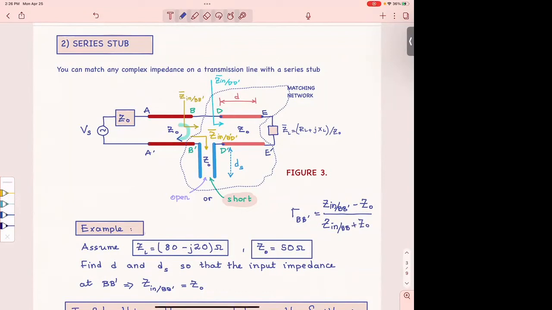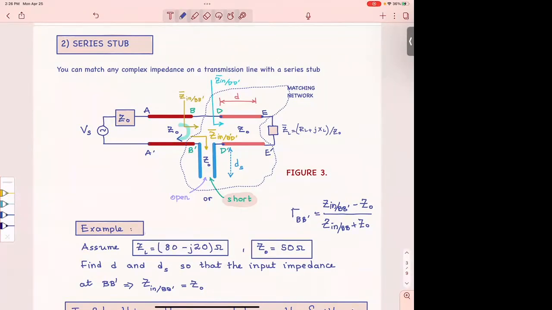That's the reflection coefficient. And since Z input at BB prime is Z naught, then the reflection coefficient is 0. But physically, it gives you an idea of the mismatch between the load and your characteristic impedance. Okay, any other questions?